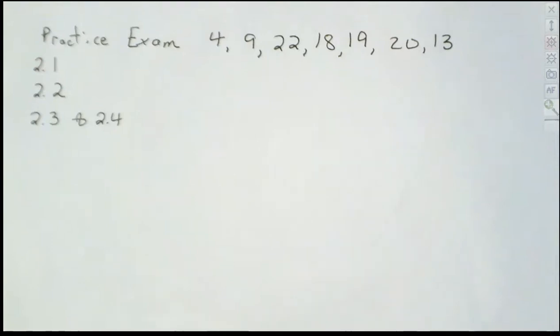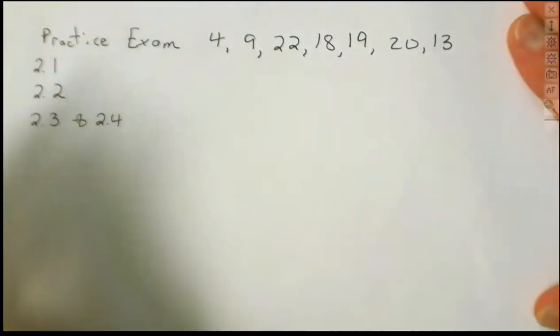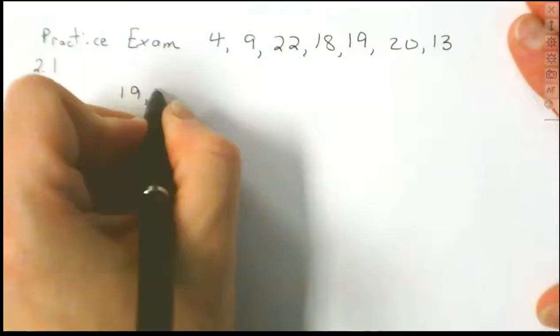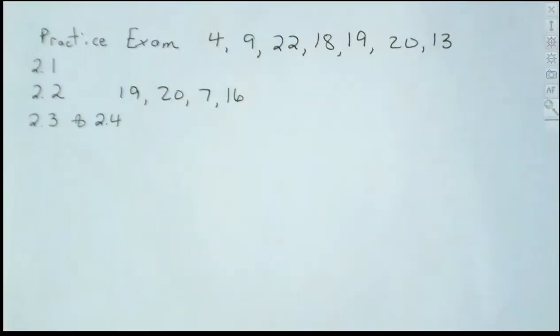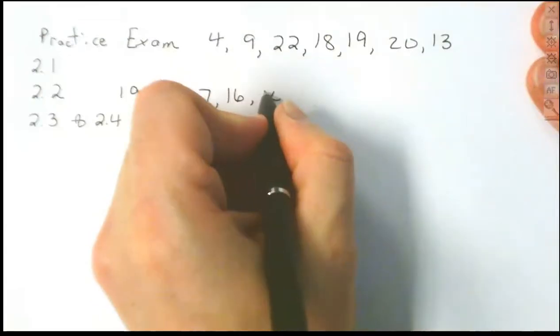Okay, what about 2.2? Did we have some questions out of 2.2? Sure, 19 and 20. Okay, 7 and 16 as well. Okay, 4 and 12 here.